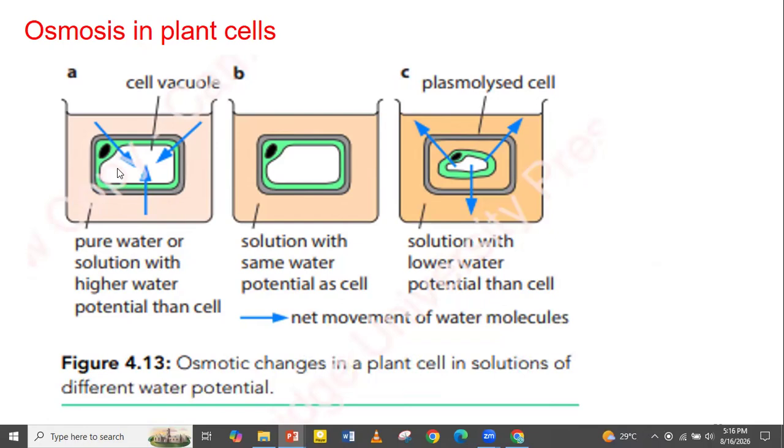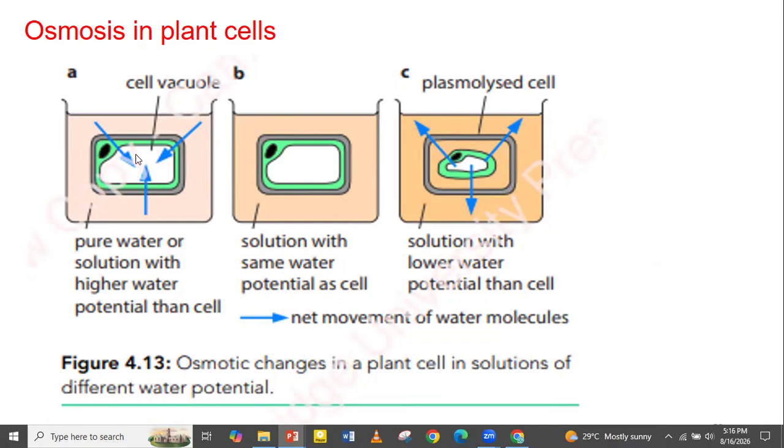The vacuole is going to grow bigger. The cytoplasm is going to increase in volume. We are going to have the cell surface membrane pressed against the cell wall. Why? Because when water enters this plant cell, a pressure builds up, and that pressure is called turgor pressure.